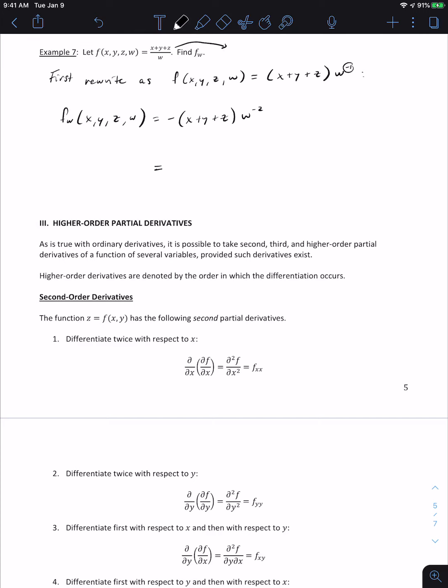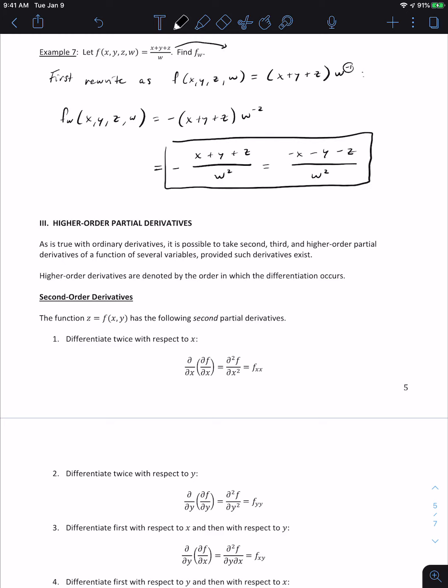So what does this end up looking like? This looks like negative times x plus y plus z over top of w squared, right? Which, if I distribute the negative, would be negative x minus y minus z over top of w squared. So either one of these are equivalent answers as long as you realize you need to distribute that negative.